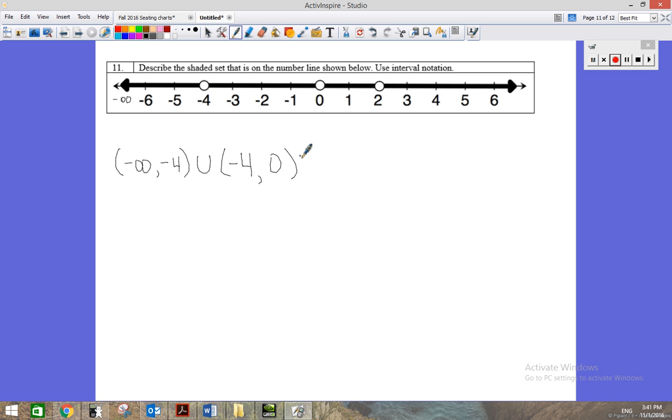There's a break in the graph, so I need another union. From 0 to 2, then there's a break in the graph. I need another union. Now, all numbers greater than 2 all the way up to infinity is 2 comma infinity. So this describes the set of all real numbers excluding these three values, excluding -4, 0, and +2. Any other number is in that set.